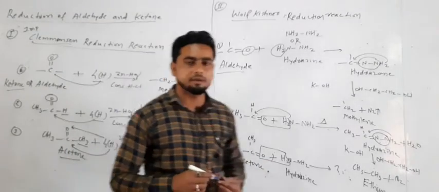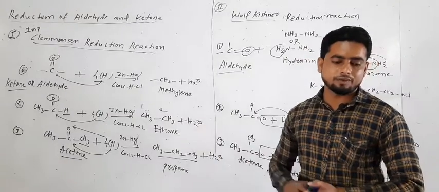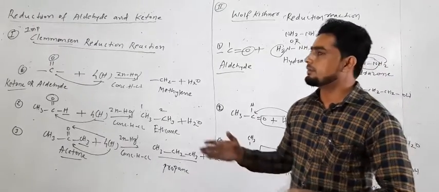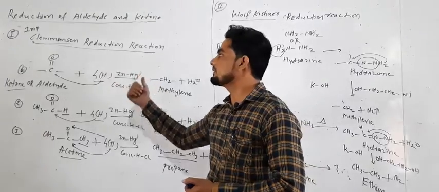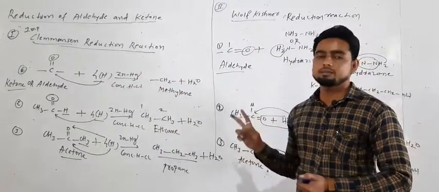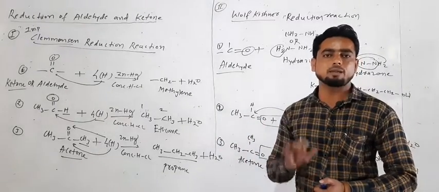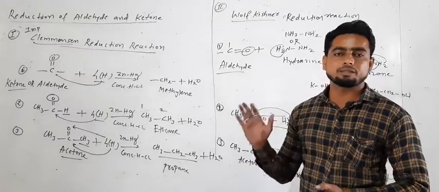So what did we see today? We saw reduction of aldehydes and ketones, in which first we took the Clemmensen reduction reaction and second the Wolff-Kishner reduction reaction. Both are the same in that the product is always an alkane or methylene depending upon the carbon, but the method is different.